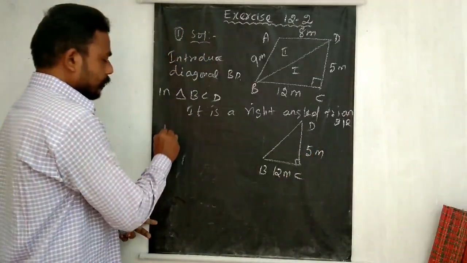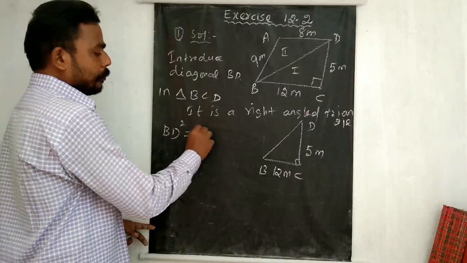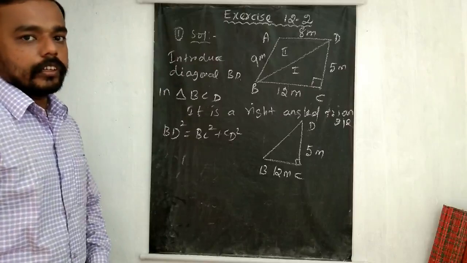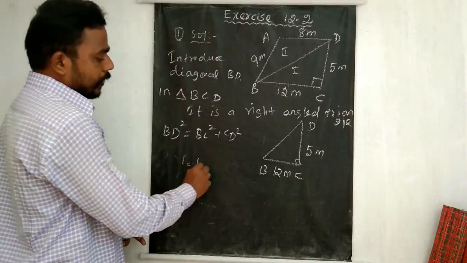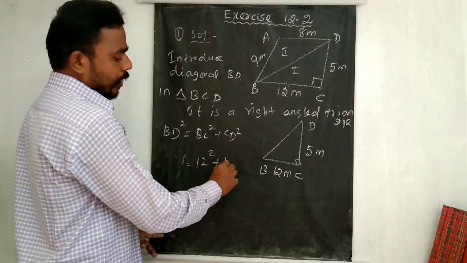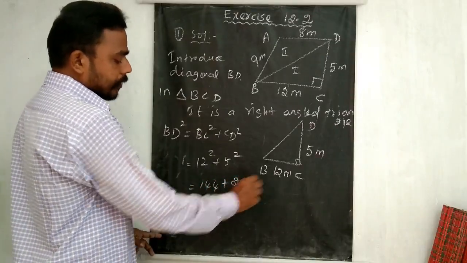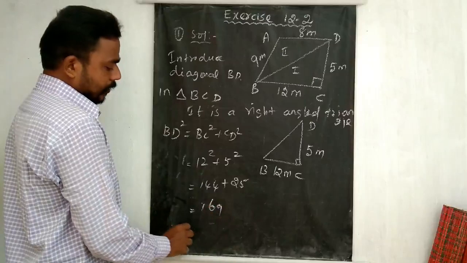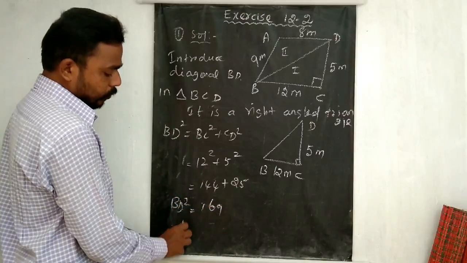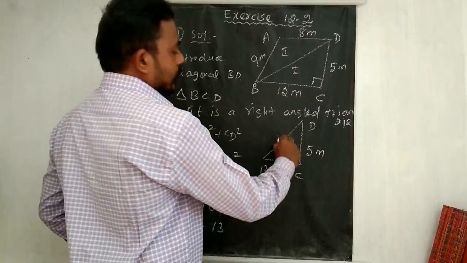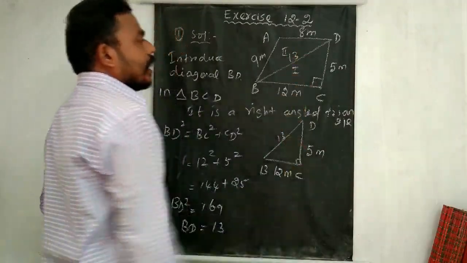So hypotenuse BD squared equals BC squared plus CD squared, the Pythagoras theorem. So 12 squared, then 5 squared: 144 plus 25, so 169. So BD squared equals 169, so BD equals 13.